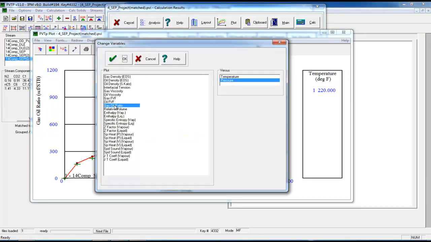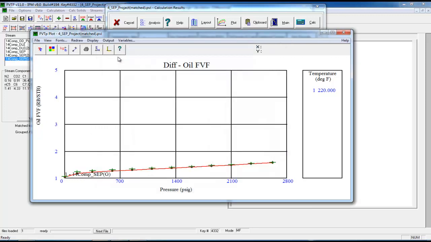Okay, let's show the other results. For oil formation factor, it's still matching.